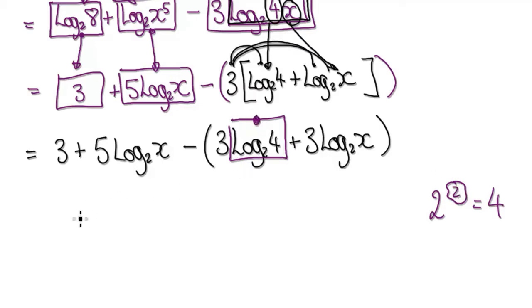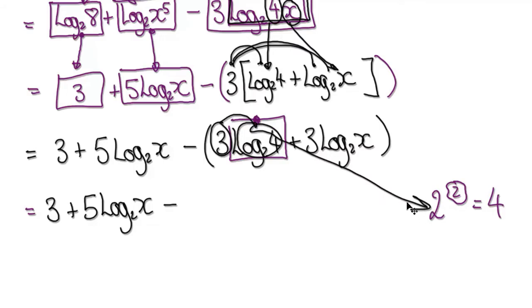So hang on, let me tidy this up. So that would be 3 plus 5 log base 2 x minus, alright, I'm going to merge this 3 with this. This is a 2, remember, it's this 2 here. So that would be 6.